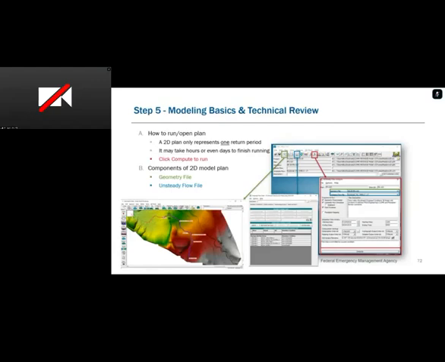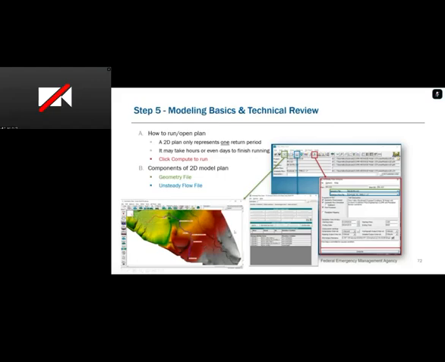So now that you are assuming you have a plan, it's run, you want to just recall that in HEC-RAS, when we are reviewing a return period, every return period is going to consist of this unsteady flow analysis plan, and it's going to consist of the geometry, which is this green, and then your unsteady flow file, which is this blue.